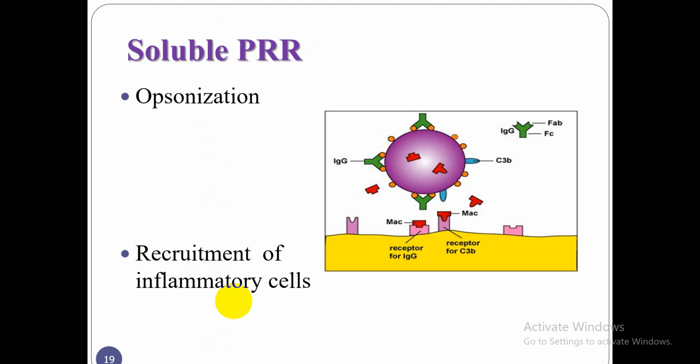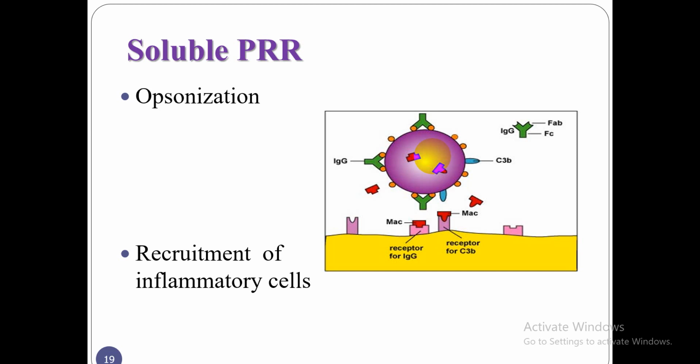Soluble pattern recognition receptors could act in two ways. The first one is opsonization. Opsonization means covering the surface of the microbe. You see here that the components of complement, for example C3b, can cover the microbe, and this opsonized microbe could be taken up more easily by the innate immune cells.